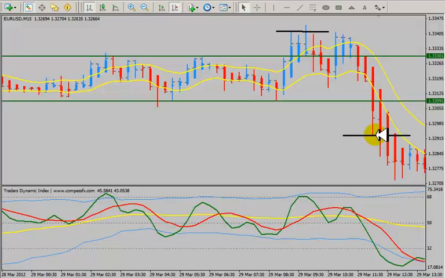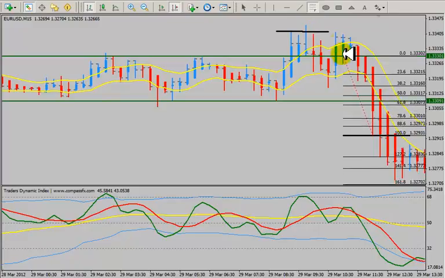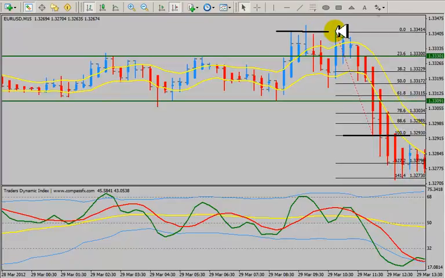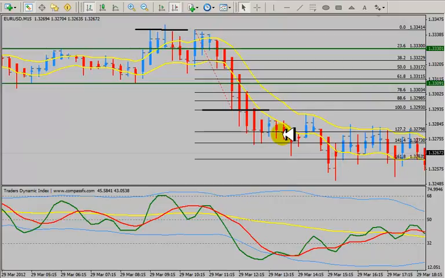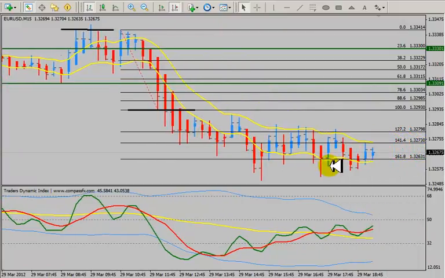Again, I'm going to draw my fibs in the opposite direction from the breaking point up to that last high point, and I'm going to look for the market to reach certain levels. And look what the market does. The market does come down, and if I draw it down here, the market reached the 127.2, the 141.4, bounced up to test the break here, then fell down, and I hit the 161.8.